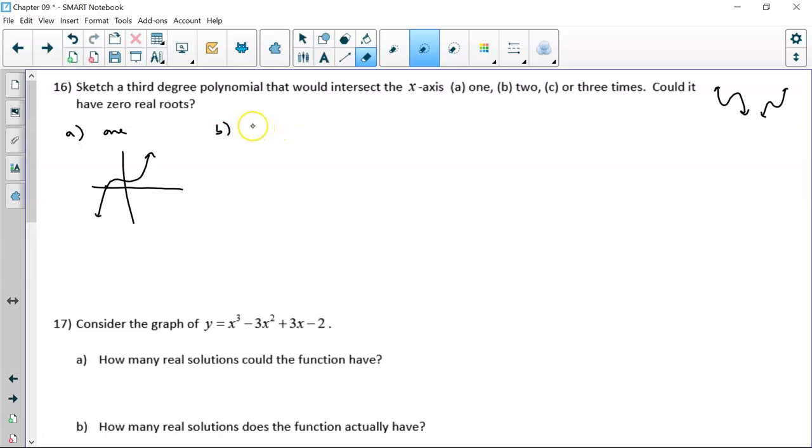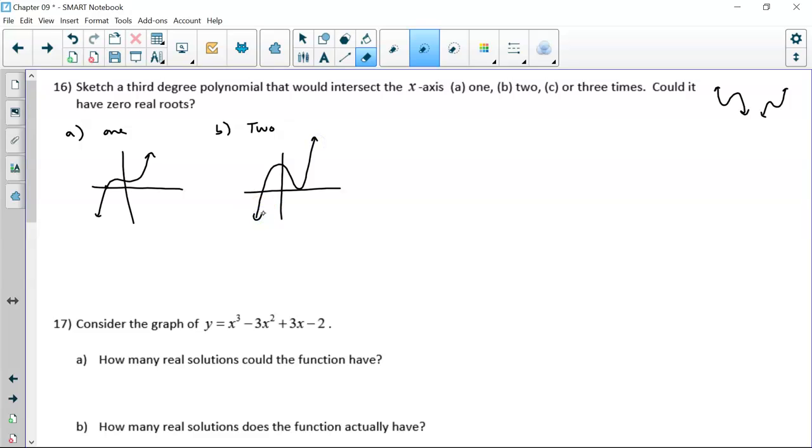For B, 2. So to have 2 zeros, two x-intercepts, it would have to go up, back down, and then it would bounce.